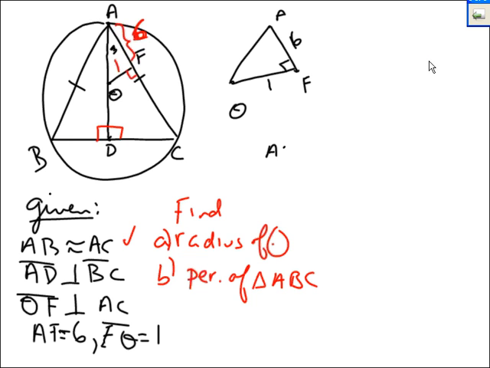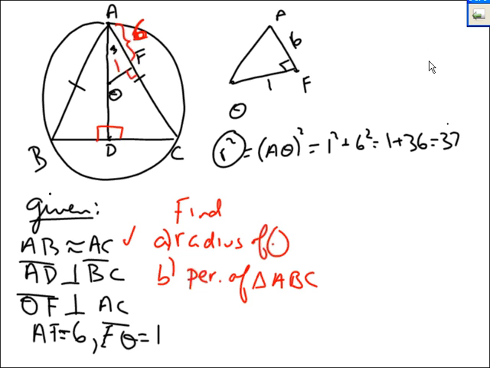So AO squared, which is a radius, is equal to 1 squared plus 6 squared, which is 1 plus 36, which is 37. So if r squared is 37, r is equal to the square root of 37. Other than 1, no number that I know the square root of goes into 37 evenly. So I can't reduce it.